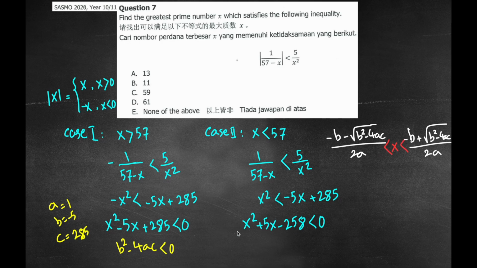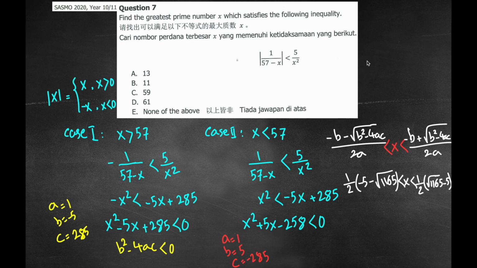Now, if I substitute a, b, and c, which are 1, 5, and negative 285 respectively, I'm going to get half of negative 5 minus square root of 1165, and for the upper bound I get half of square root of 1165 minus 5. Now, since the question asks for the greatest prime number that I could get, let's put our focus on the upper bound.